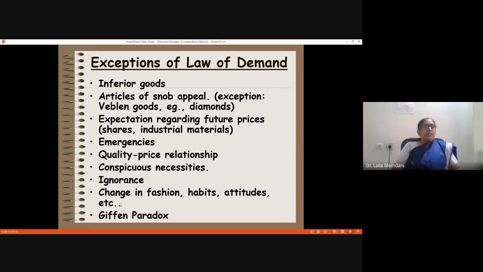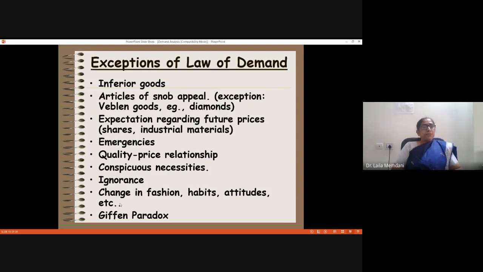Then the next is conspicuous consumption or conspicuous necessities. That is to show off. Like your friend has the latest model of iPhone, you will also like to buy because of conspicuous requirement. Or maybe within the neighborhood, or in the friend circle, you need to show off. Everyone wears so and so brand of jeans, so you also need so and so brand of jeans. Everyone is using iPhone, you also need iPhone.